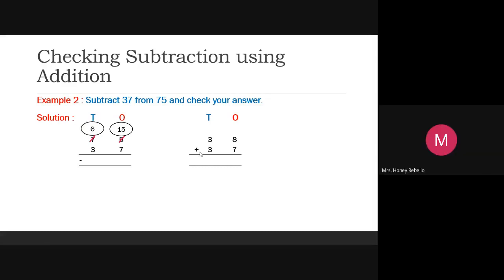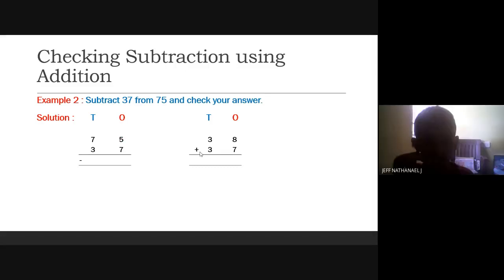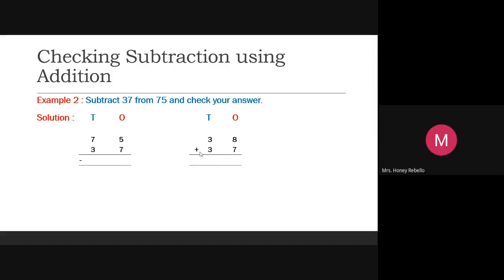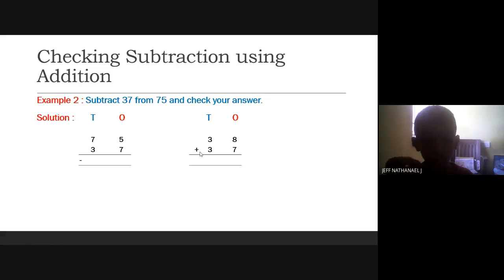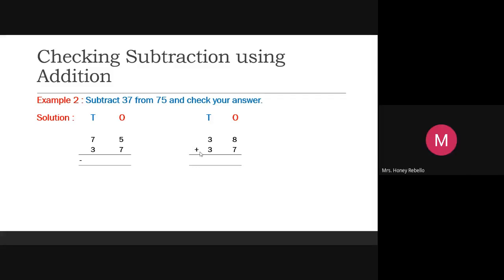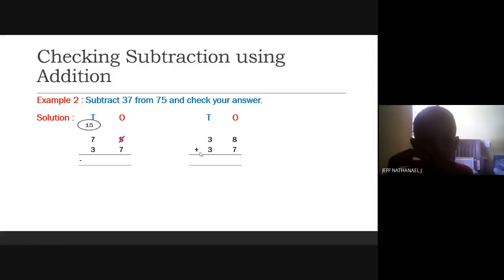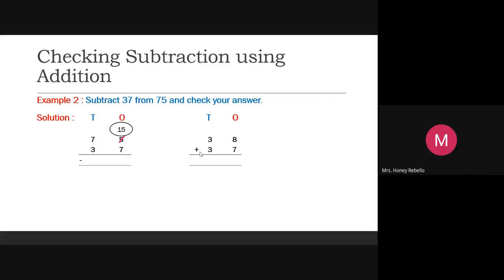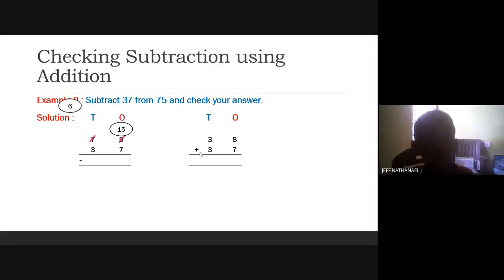Look at the screen. Now listen carefully. Once again, you tell me. 7 is greater than 5. Borrow from 10th place. 5 will become 15. 7 will become 6.